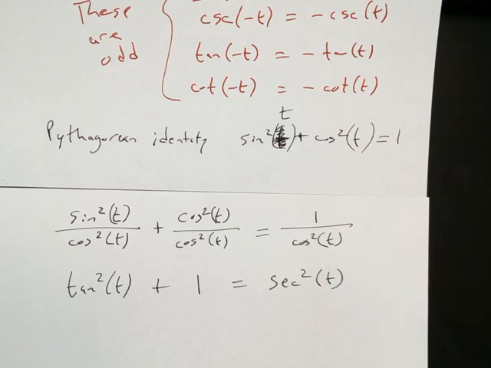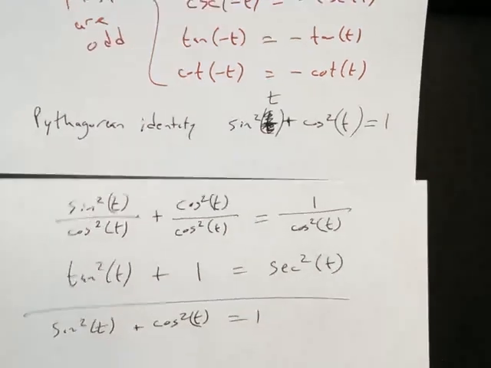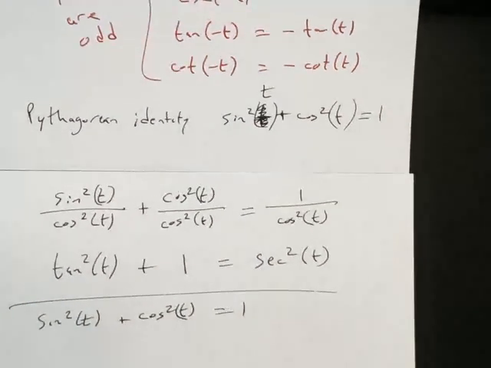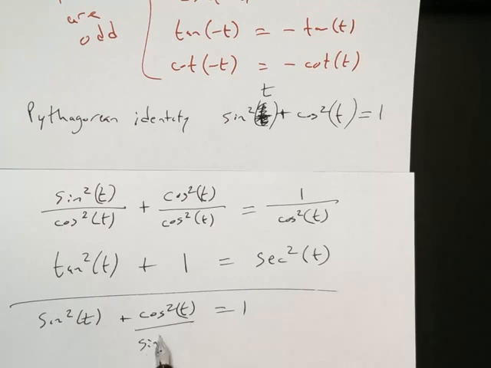If I want to go the other way and get cotangent, I say to myself, cotangent was x over y. That's cosine over sine, so I'm going to divide everything by sine. And then this is a 1.